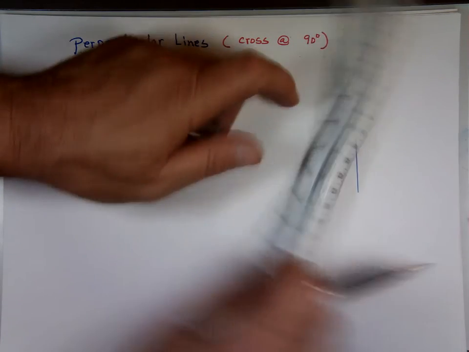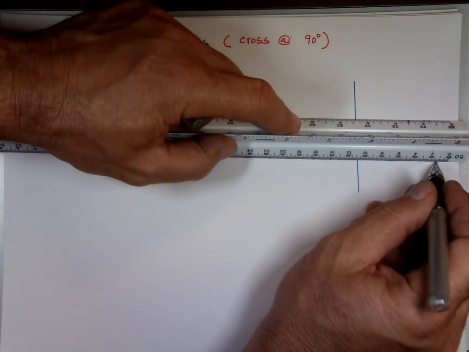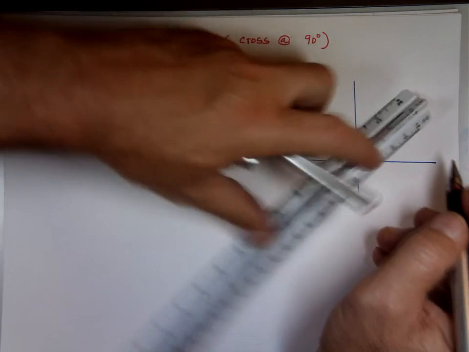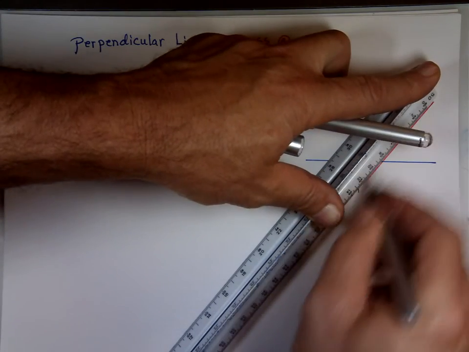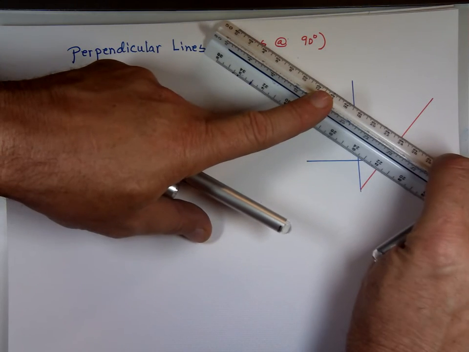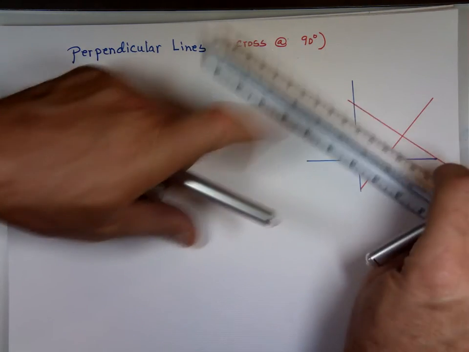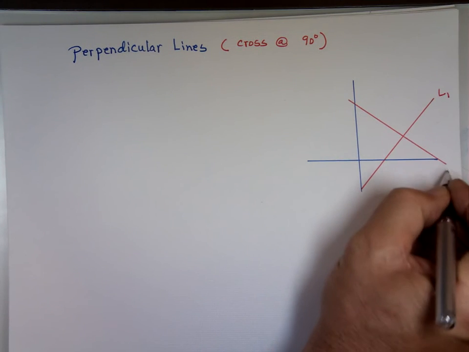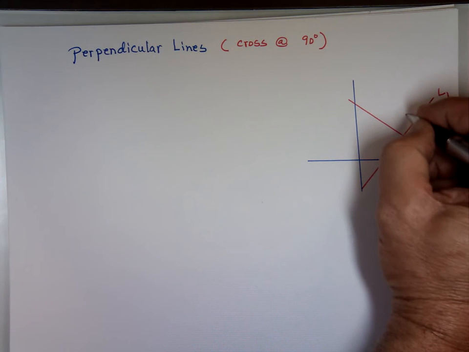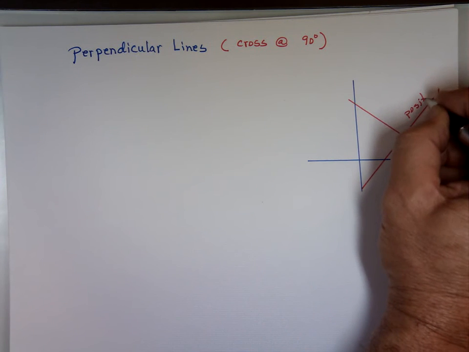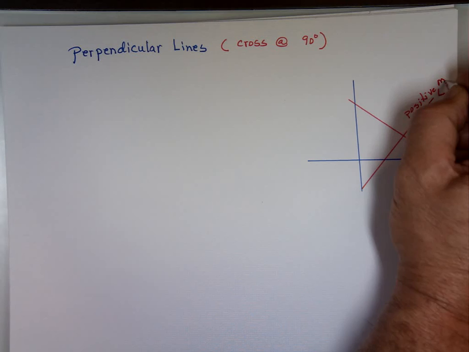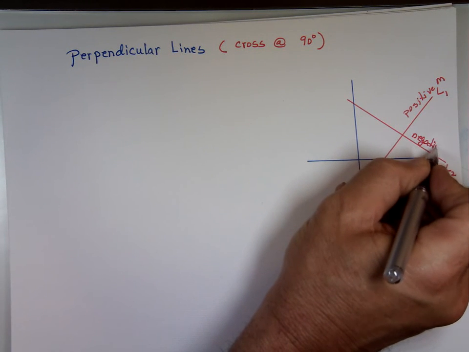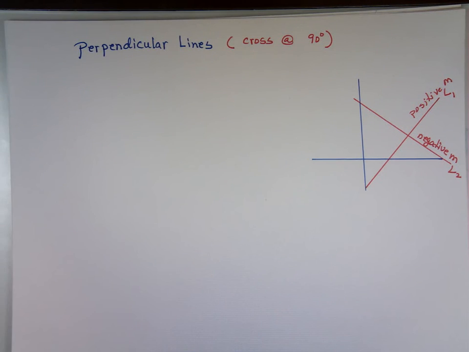You'll see from my picture in a second. Here's one line. And there's the other line. This is line 1. This is line 2. If you look at line 1, has positive slope. And if you look at line 2, it should have what? Negative slope. How can they be the same? They can't.